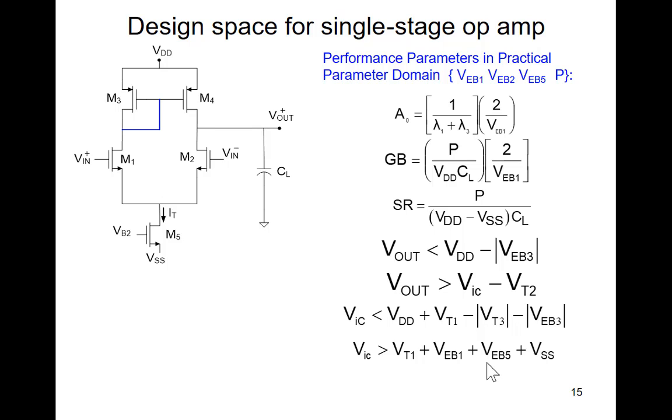A lot of these equations we have to satisfy only involve one of the parameters in this domain. So we're kind of lucky. The signal swing equations and the gain expressions, the GB expressions, and so forth are conveniently expressed in the same parameter set.